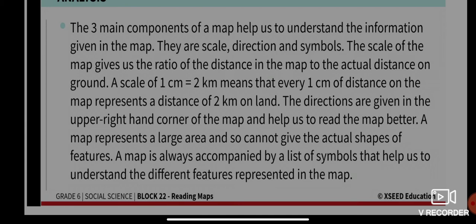Similarly, the directions are given in the upper right hand corner of the map and help us to read the map better. The directions are north, east, west, and south. A map represents a large area and so cannot give the actual shape of features. So a map is always accompanied by a list of symbols that help us to understand the different features represented in the map.